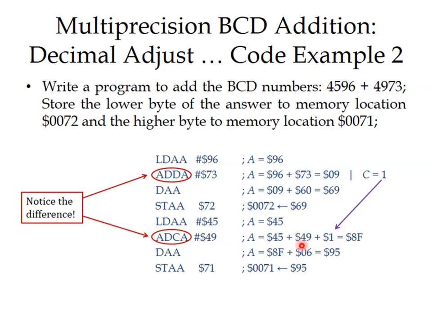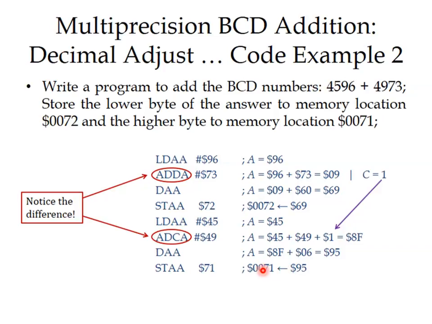All you did is add using this instruction, and the carry generated in the last byte was included automatically. But then you have an illegal digit here, so you fixed it with the decimal adjust, which made it 95. Then you save 95 into memory location 71.